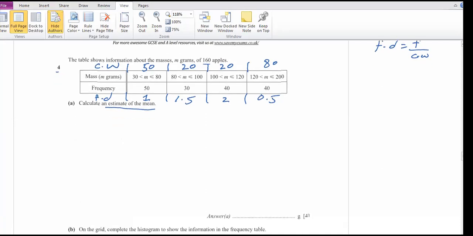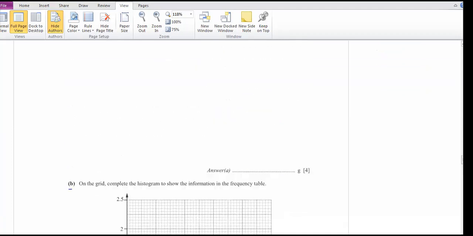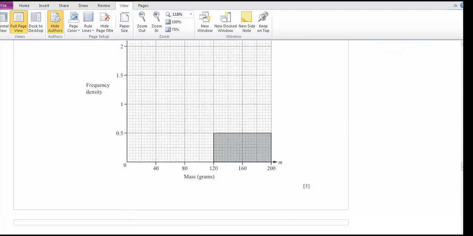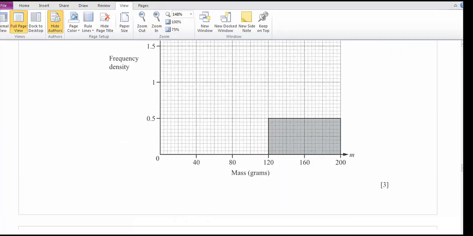First group is from 30 to 80, because that is what is given here. Where is 30? Look on this side, if we carefully look at the grid, from 0 to 40, 1, 2, 3, 4, 5, 6, 7, 8, 9, 10 boxes. 10 boxes are making 40.